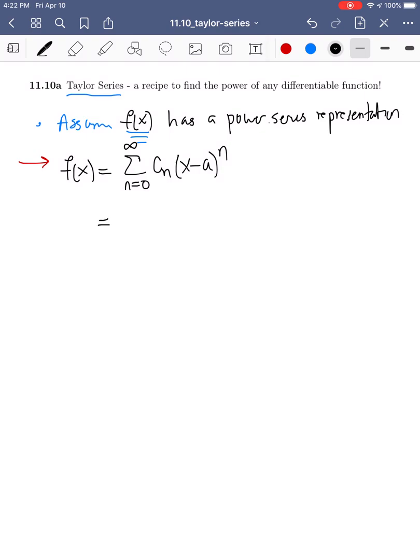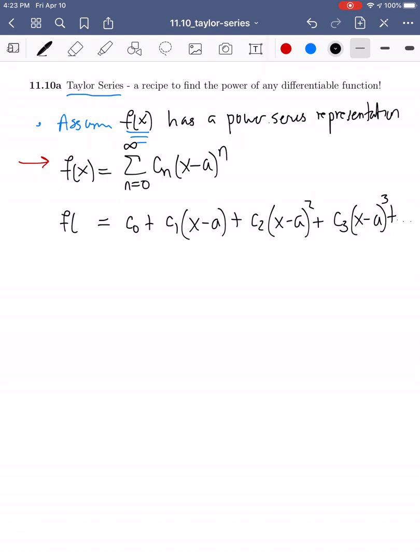So the first couple terms would be c0 plus c1 times x minus a to the first power plus c2 times x minus a squared, and so on. And again, this is just rewriting that line above it.